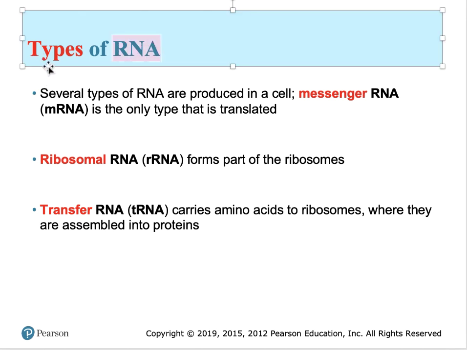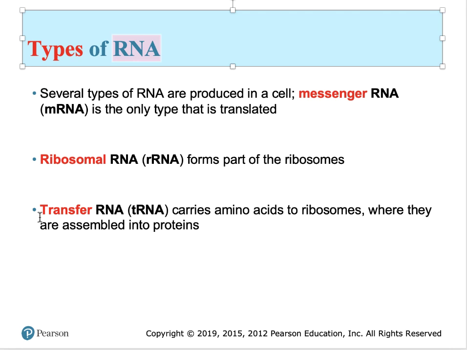The most important class that you know about is messenger RNA, and messenger RNA is used to convey information to make protein. But in addition to that, we have RNA that forms a structural function. So this is information, and this is structure. The ribosomal RNA physically forms part of the framework of ribosomes.